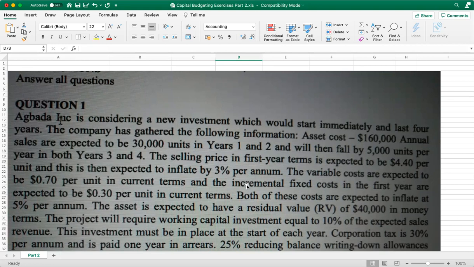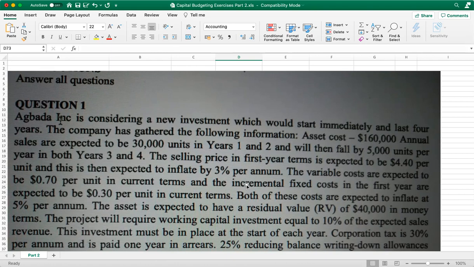The variable costs are expected to be 0.70 per unit in current terms, and the incremental fixed costs in the first year are expected to be 0.30 per unit in current terms. Both of these costs are expected to inflate at 5% per annum. The asset is expected to have a residual value of 40,000 in money terms.